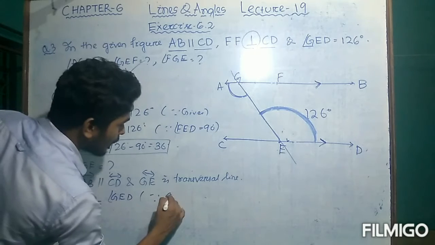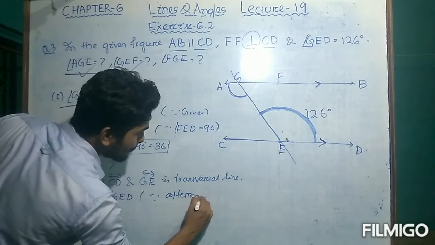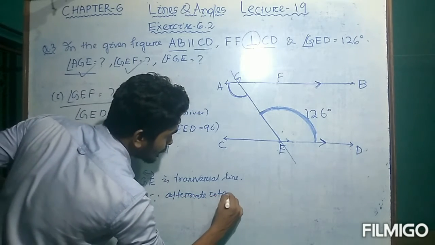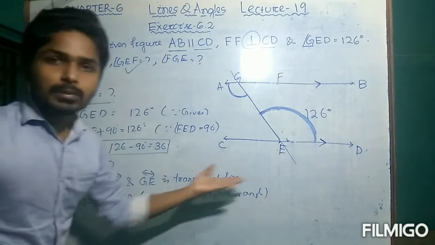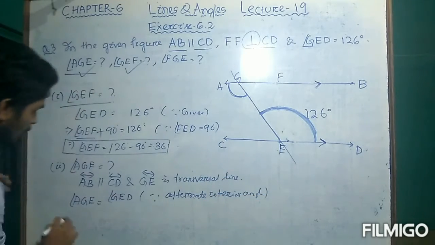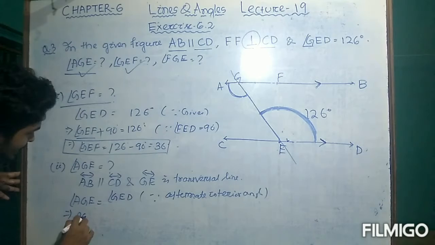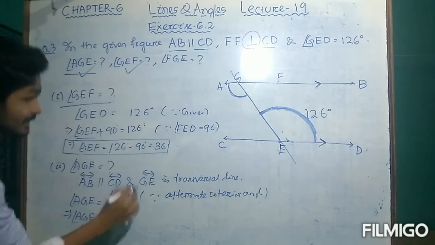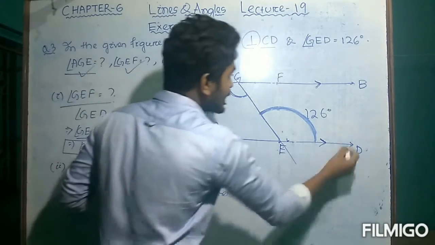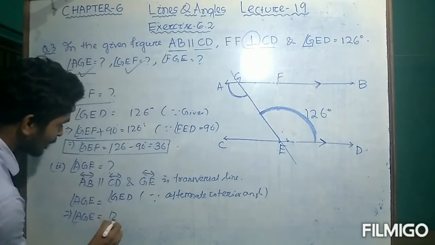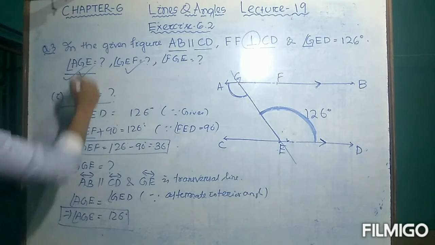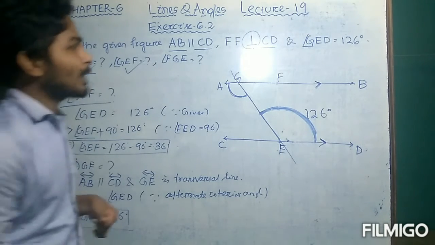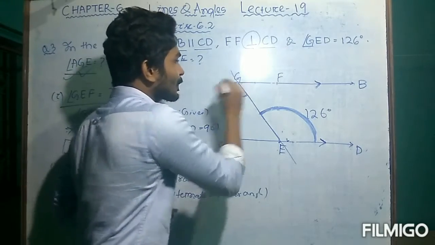Because alternate interior angles, or you can say theorem 6.2. So AGE will be GED. What is the value of GED? This is 126 degrees. So we find the value of AGE is equal to 126 degrees.